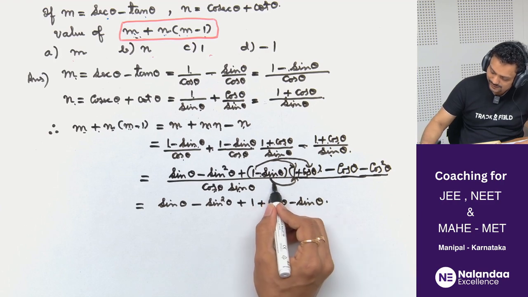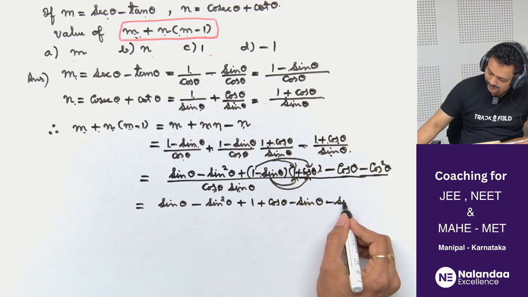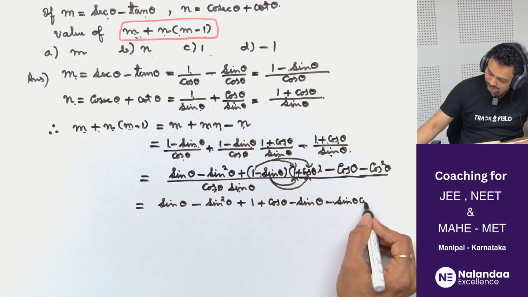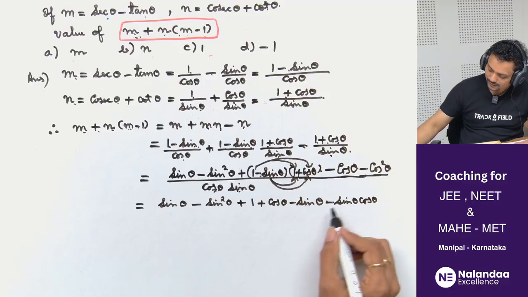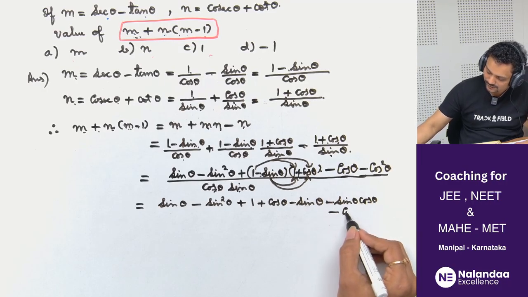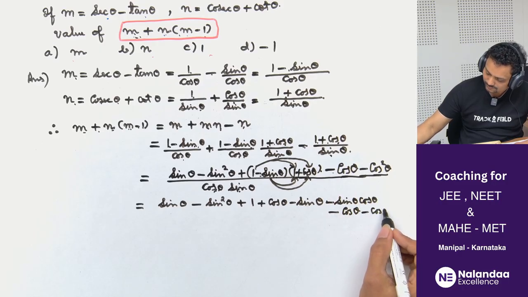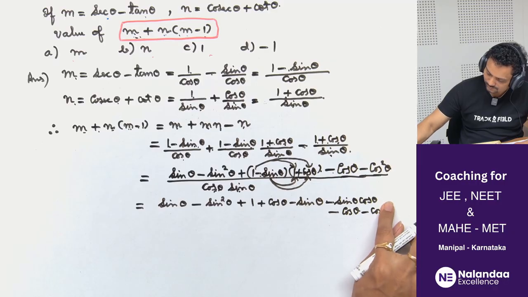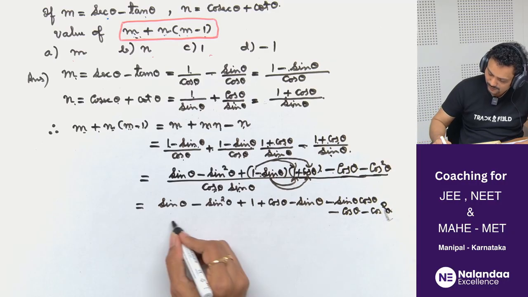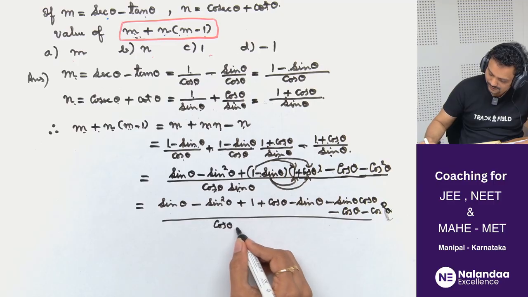Then minus sin theta into cos theta will give me minus sin theta cos theta. Then I will be left with minus cos theta minus cos square theta, divided by the denominator cos theta sin theta.